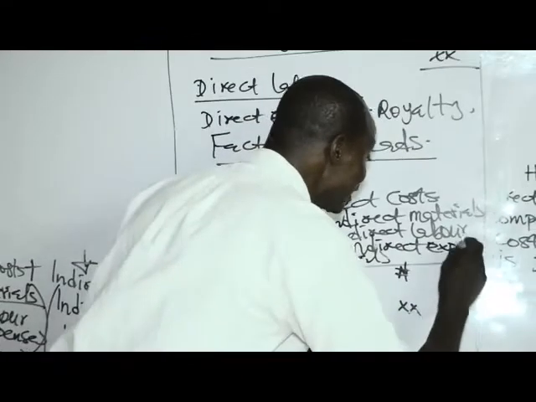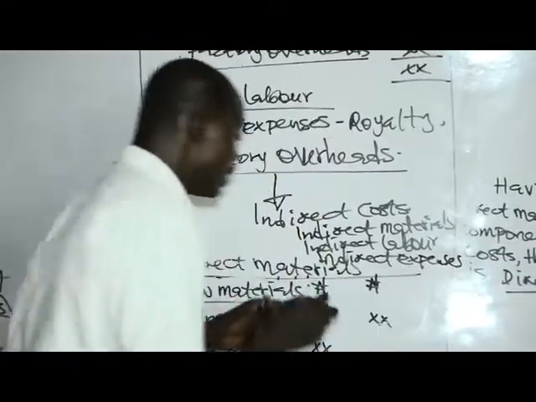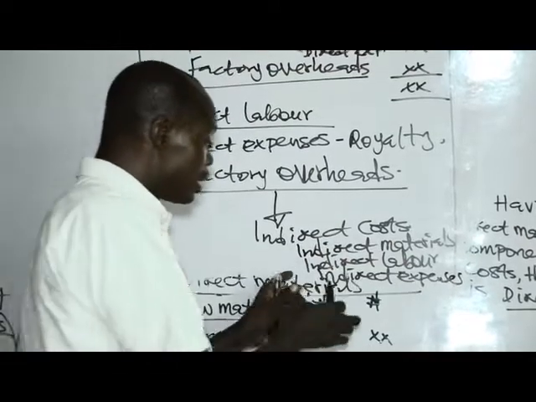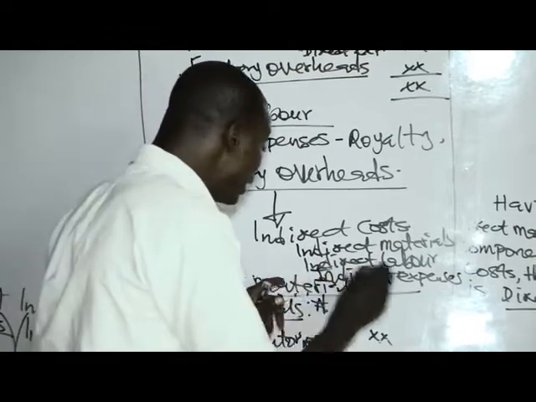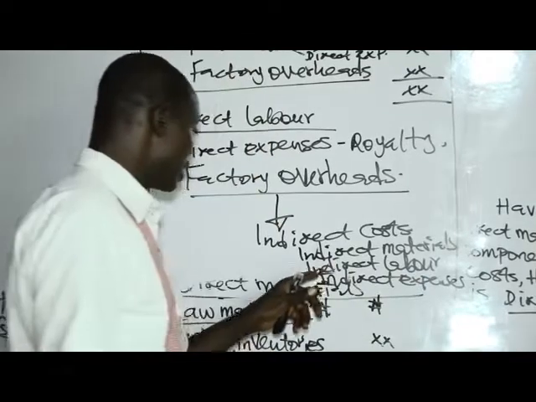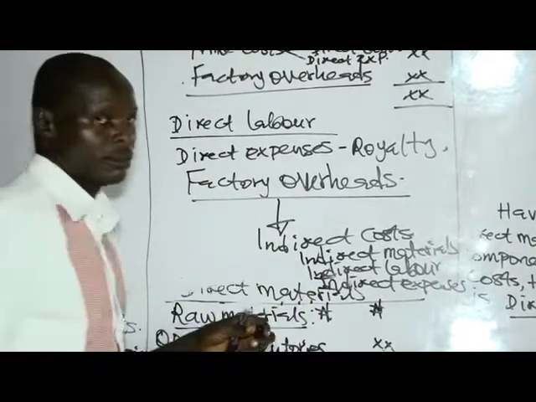The aggregate of indirect materials, indirect labor, and indirect expenses is said to be the overhead cost.